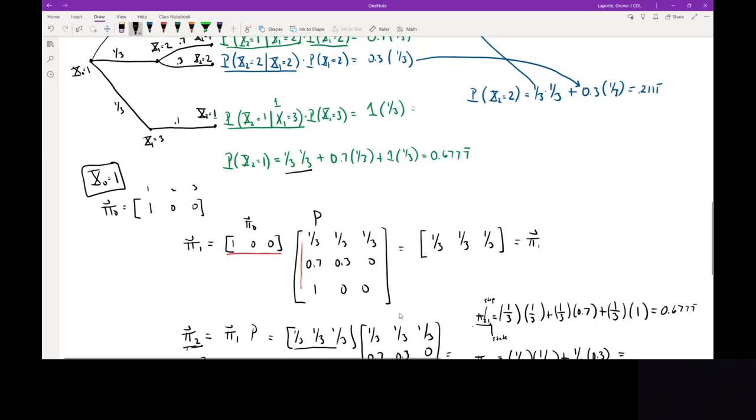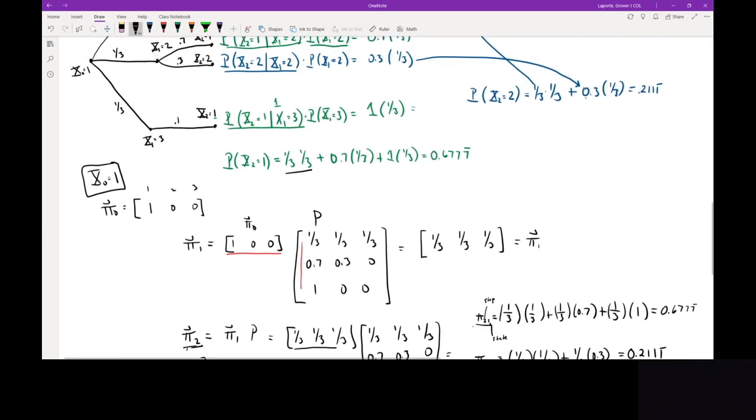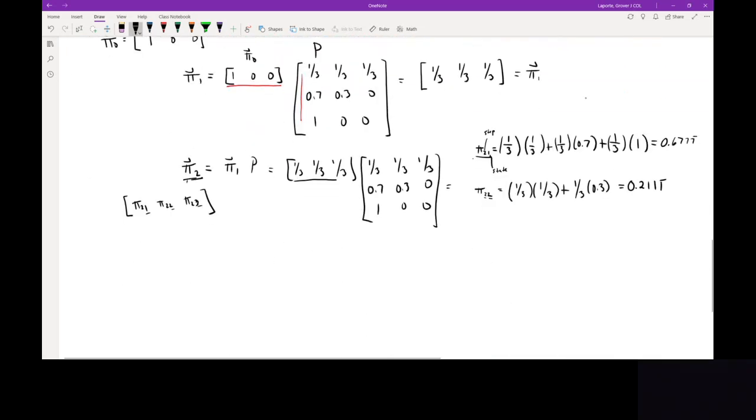This is the 1/3, 1/3, 0.3 times 1/3. So we know this one is 0.2111. And then finally, the last one is just 1/3 times 1/3. So we know that this row times this column is just going to be 1/3. So that makes a lot of sense.